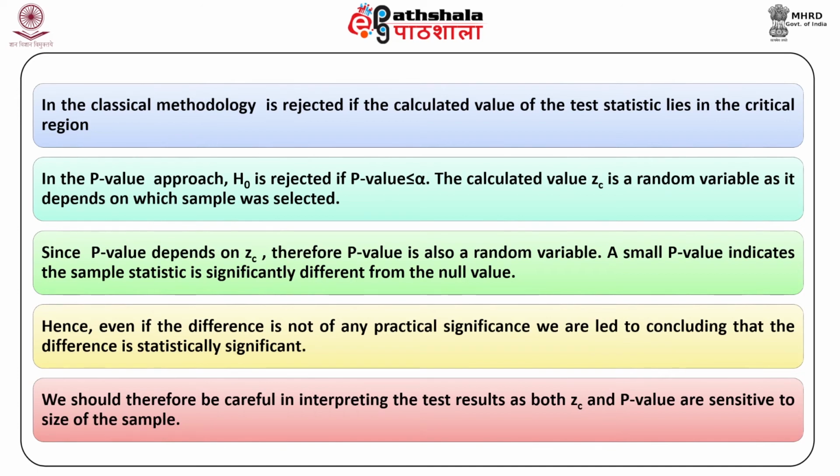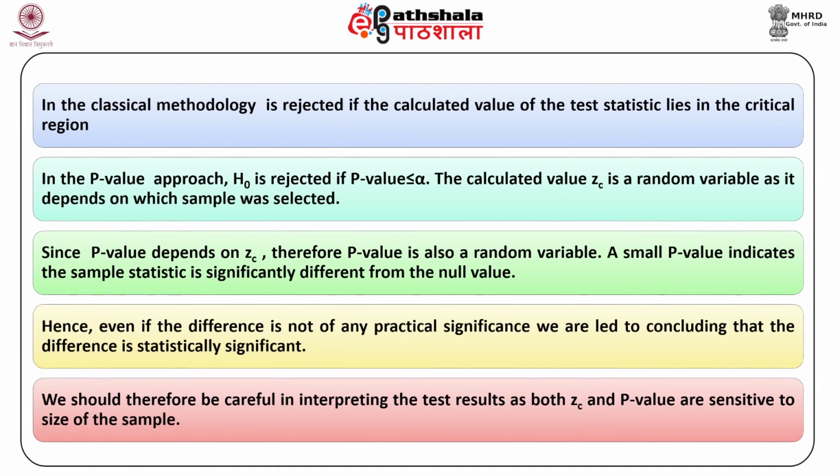In the p-value approach, hypothesis H0 is rejected if the p-value is less than or equal to alpha. The calculated value ZC is a random variable as it depends on which sample was selected. Since the p-value depends on ZC, the p-value is also a random variable. A small p-value indicates the sample statistic is significantly different from the null value.